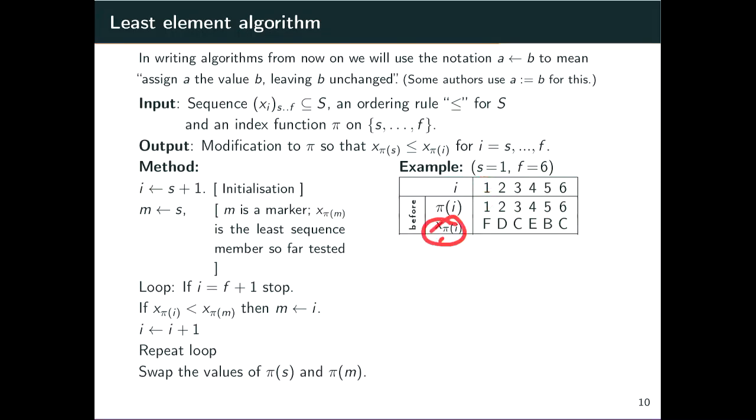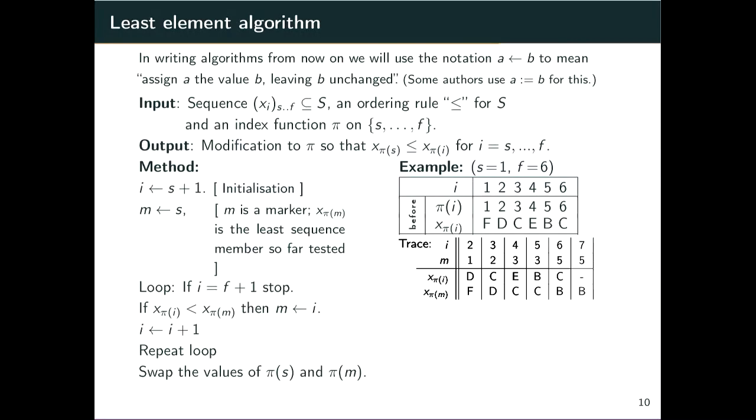And our sequence that we're defining is going to be F, D, C, E, B, C. And we're going to take the order to be the alphabetical order again. And so maybe I'll ask in the workshops or quizzes to trace an algorithm. All that means is to go through the algorithm and apply it to this example and give all the details of how it works.